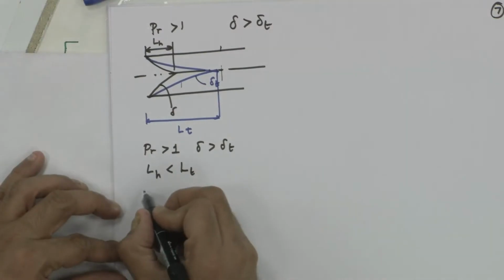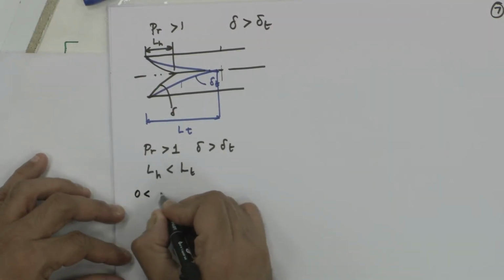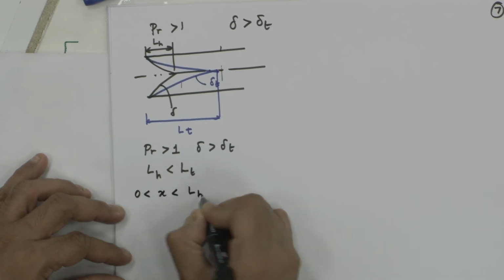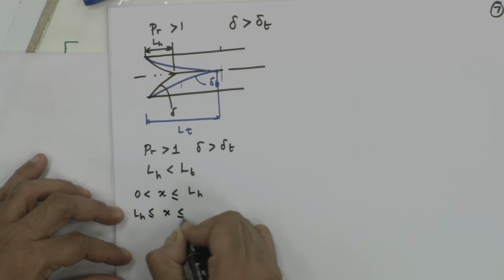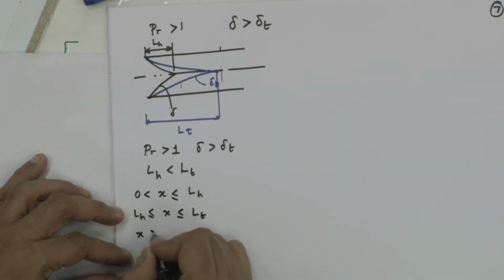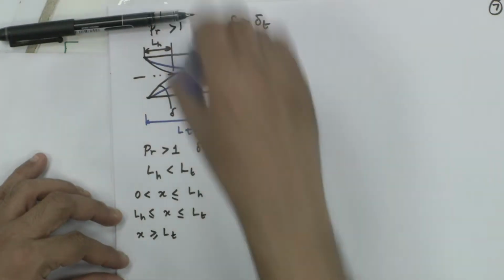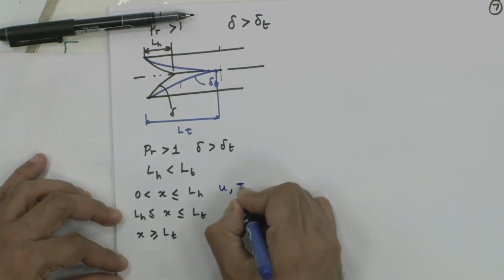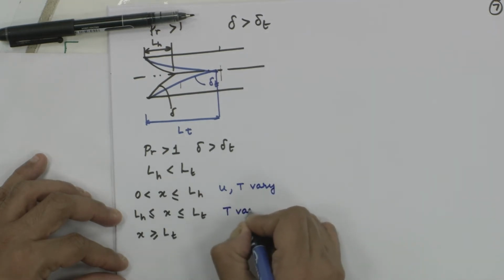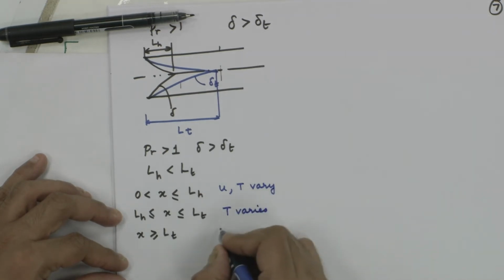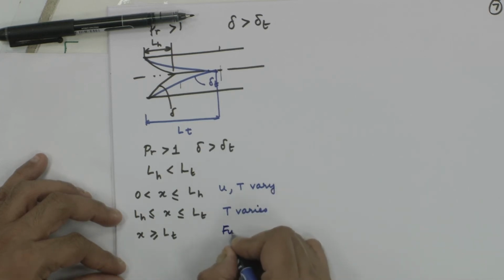So, if I split the flow region into 0 to x less than LH, LH less than or equal to x less than or equal to LT, x greater than or equal to LT, 3 regions. Here both U and T vary, only T varies, and here fully developed.